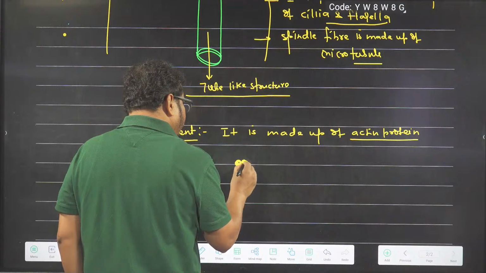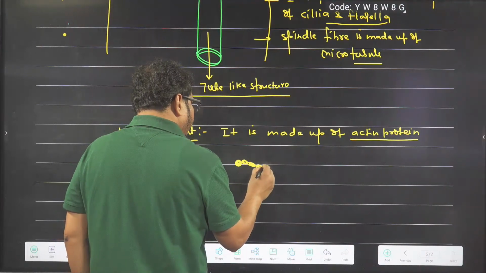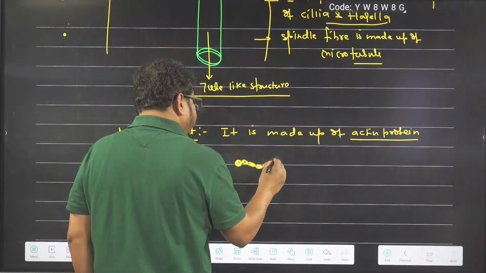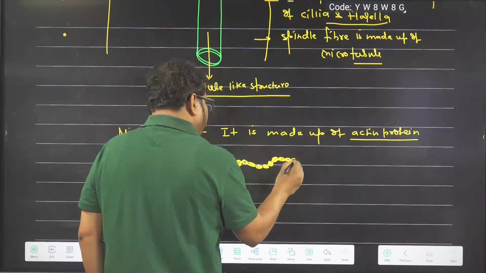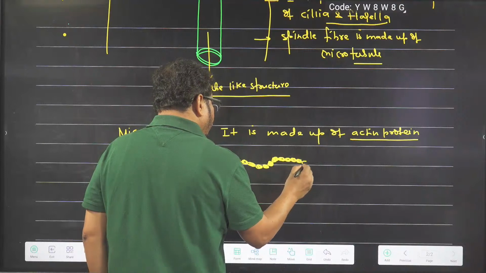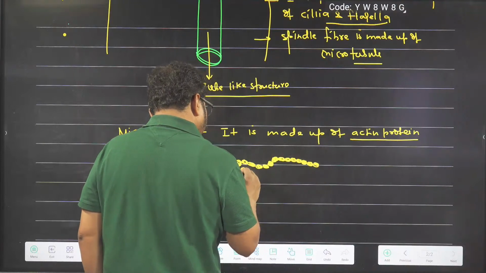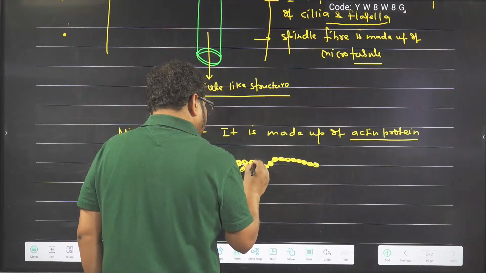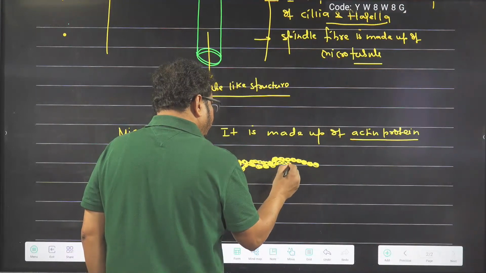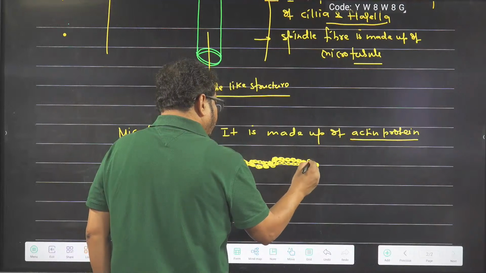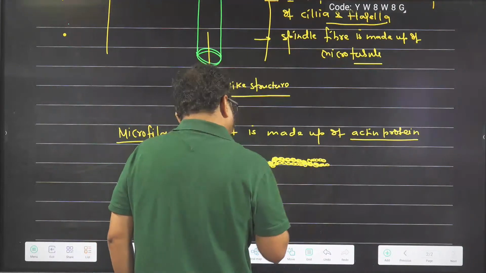So actin protein is present like this. See, all circles I am making here are actin protein. So it is a polymer of actin protein forming or not? So it is one layer of actin protein, it is another layer of actin protein. And overall they are forming which structure? Microfilament.